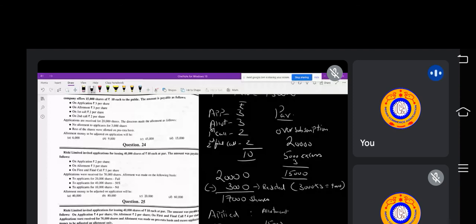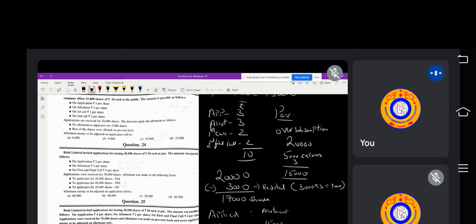Okay. Allotment money to be adjusted on application will be. Now how much is the excess application money that has to be adjusted on allotment? But here they have made a mistake. It has been mentioned that allotment money to be adjusted on application, so look at the sentence, they have framed it wrongly. Normally it is only the excess application money that can get adjusted on allotment money.